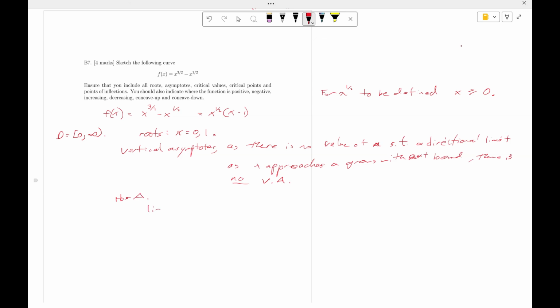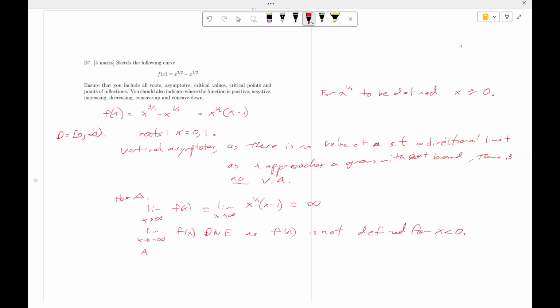For my horizontal asymptotes, I want to look at the limit as x approaches infinity of f of x and the limit as x approaches minus infinity of f of x. Now this equals the limit as x approaches infinity of x to the 1/2 times (x minus 1), which equals infinity. And this does not exist as f of x is not defined for x less than 0. So because it's not defined, it doesn't exist.